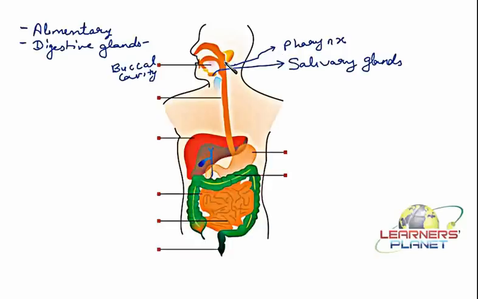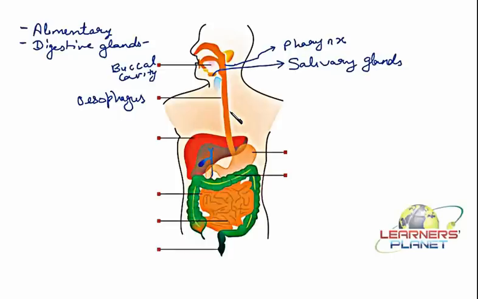Further, this pharynx leads to a narrow tubular structure which is around 9 centimeters long. That part is known as the esophagus, and this esophagus is located where? In the chest cavity, right? Or the thoracic cavity. Now this long tubular structure is not having any glands present inside, and neither is it associated with any.